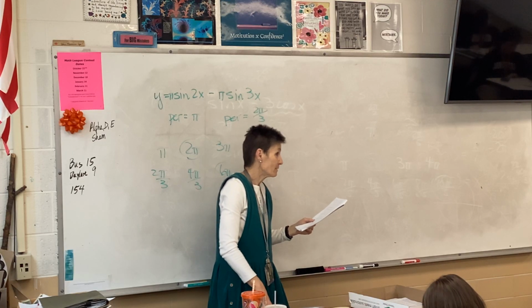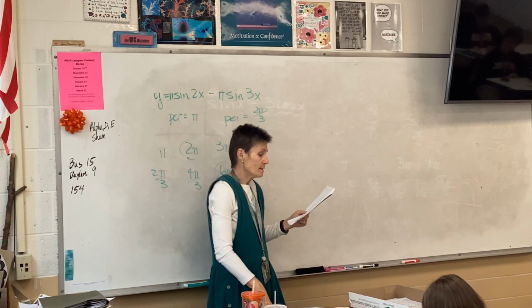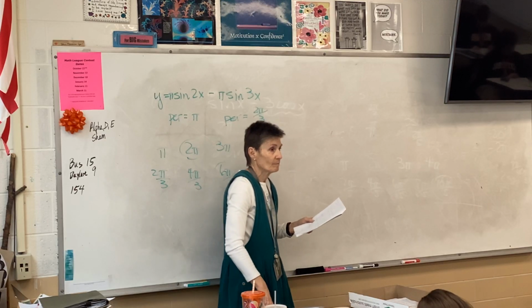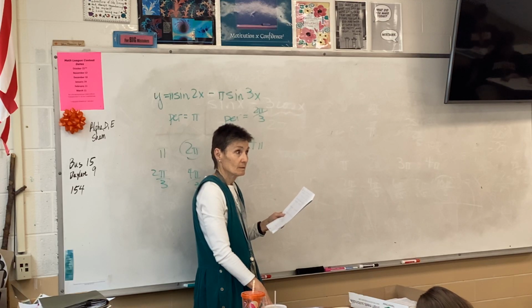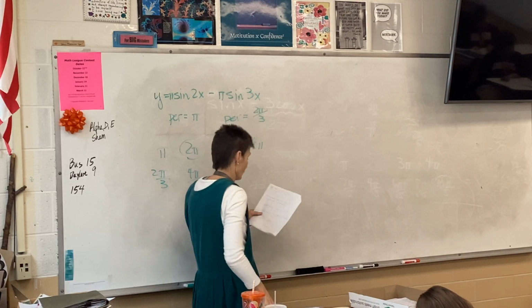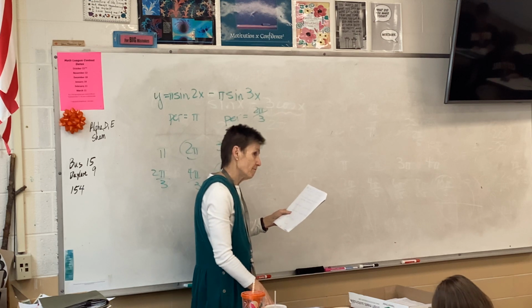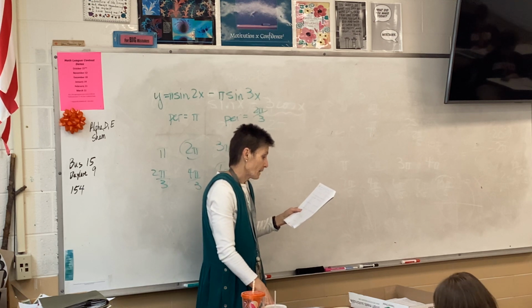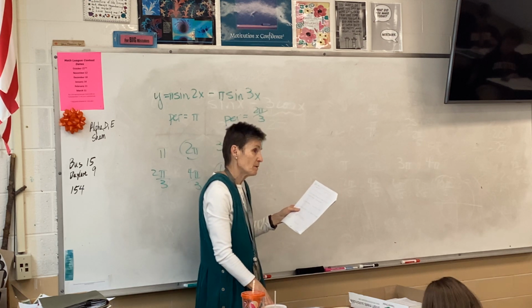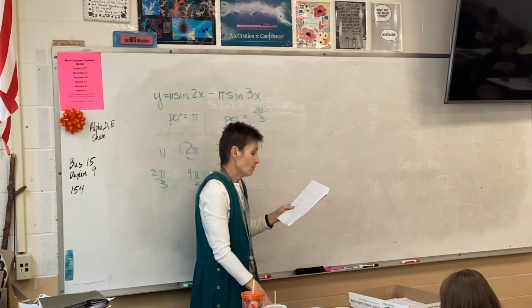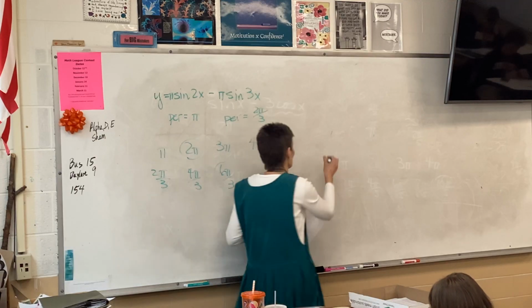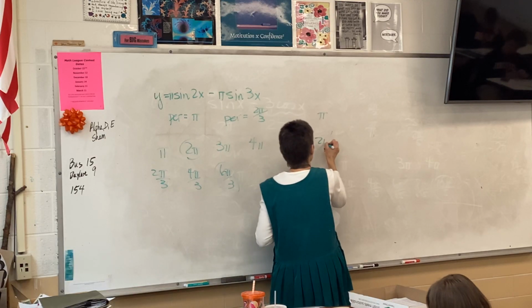Pi, 2 pi divided by 2? What is the period of the second part? 2 pi over 3? Which one are we on? F. Oh, I was looking at E. No, E, they both have a period of 1. Yeah. So F, we have pi and 2 pi over 3. Didn't we have that one already? Yeah.